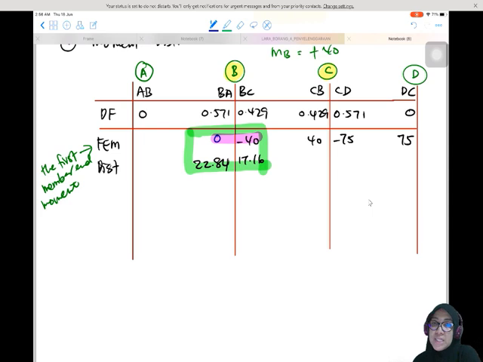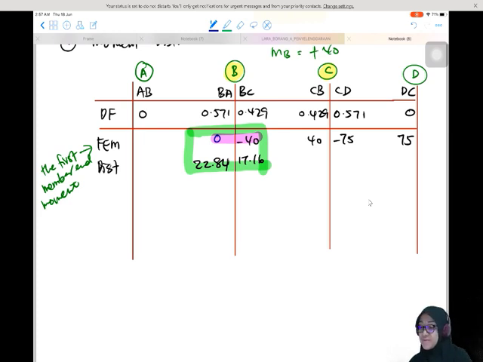Okay, so for CB and CD, the one that we have written here is the member end moment. The total is 40 minus 75. It is negative 35. But the joint moment is positive.